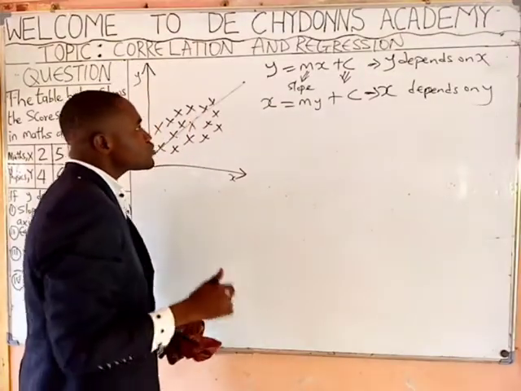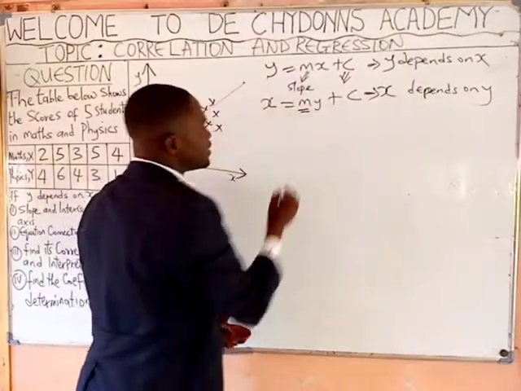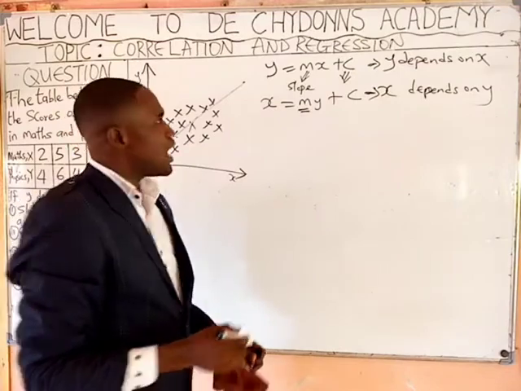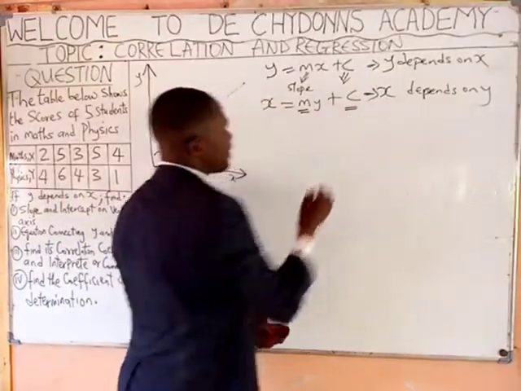Then, how can we get the slope of this graph? How can we get the intercept on this graph?